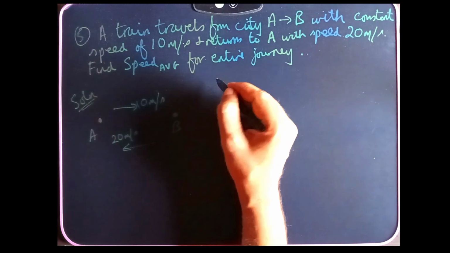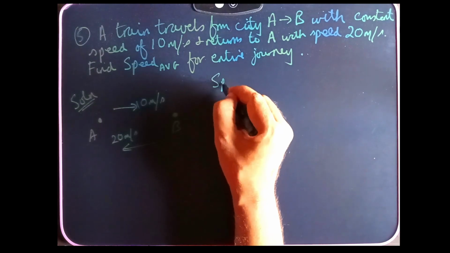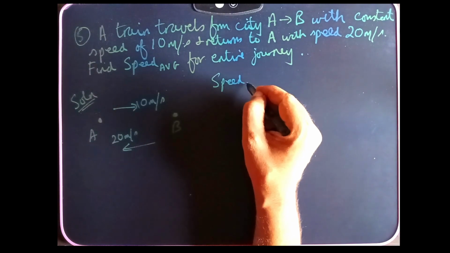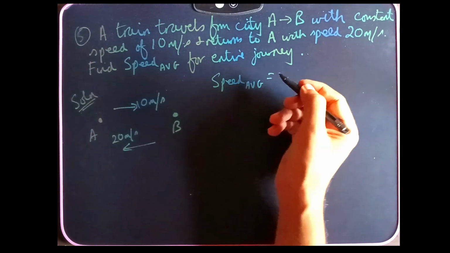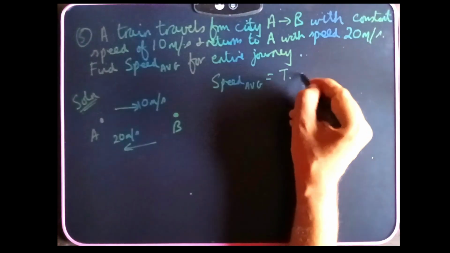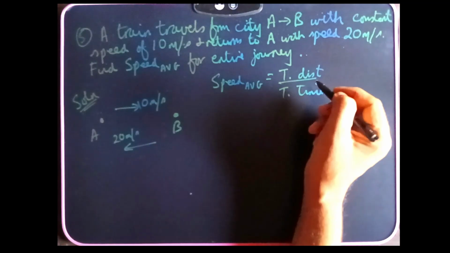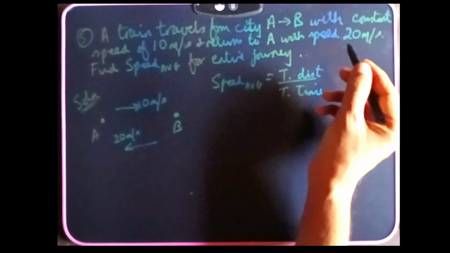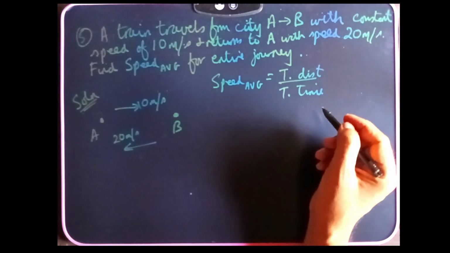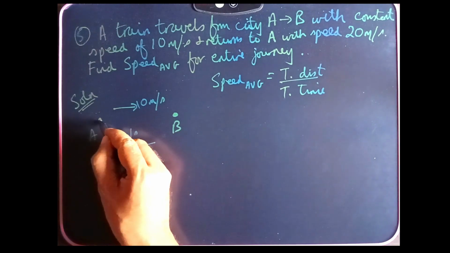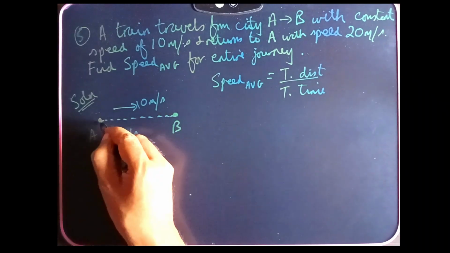What is average speed? The average speed formula is total distance by total time. Is the distance given? Distance from A to B is not given.